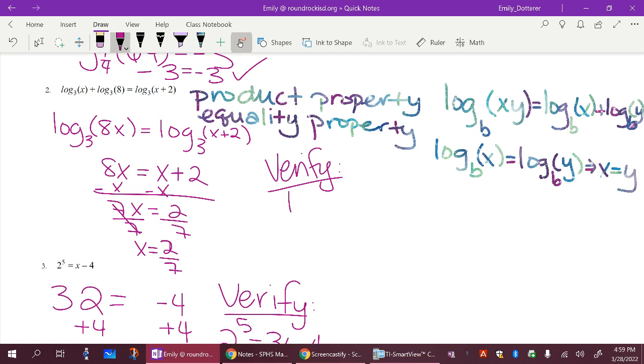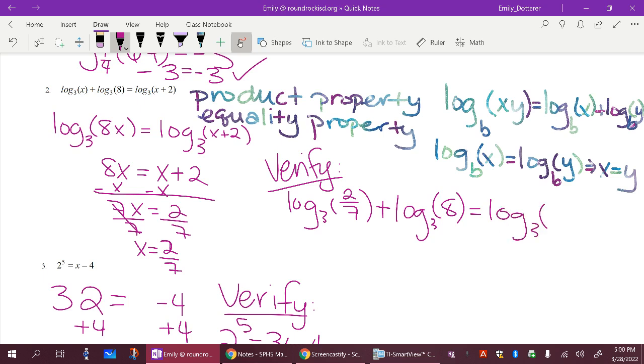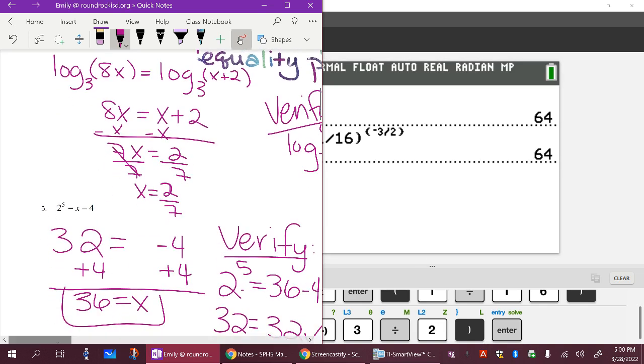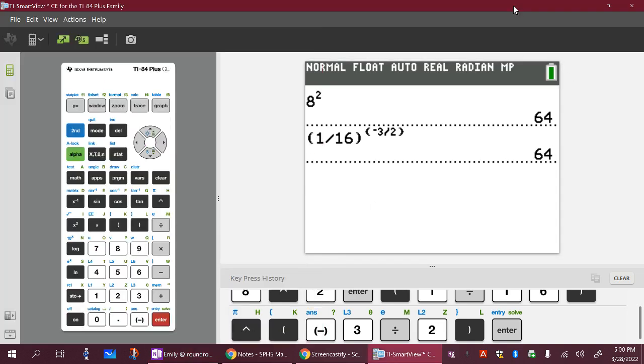Okay, so now we're going to verify. We're definitely going to want to use a calculator for this because I don't know about y'all, but I don't know what log base 3 of 2 over 7 is in my head. So we're gonna plug this all in and figure out what this is.